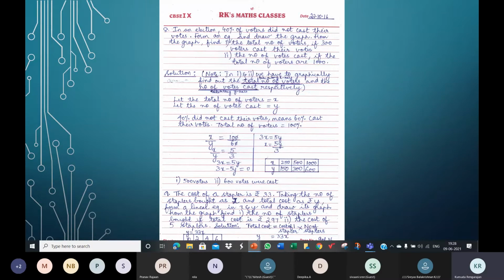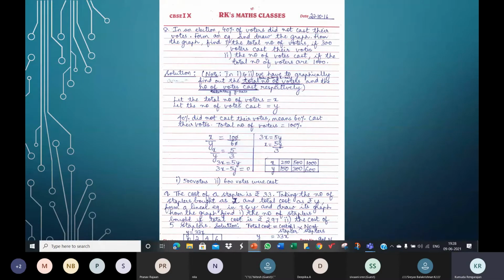Total number of voters is 100%, voters who cast their votes 60%. This ratio is 60 by 100, or 3 by 5.